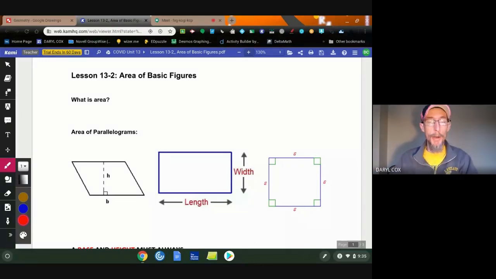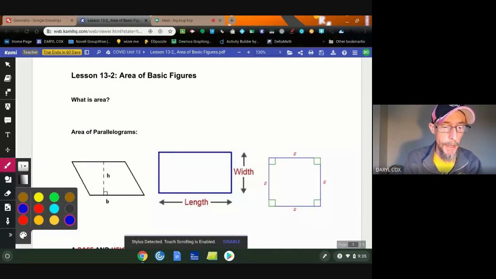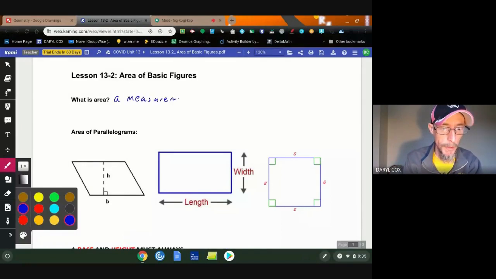So let's first talk about what the heck area is. Area is a measurement of the space inside a figure. And we mean a two-dimensional figure here, okay?